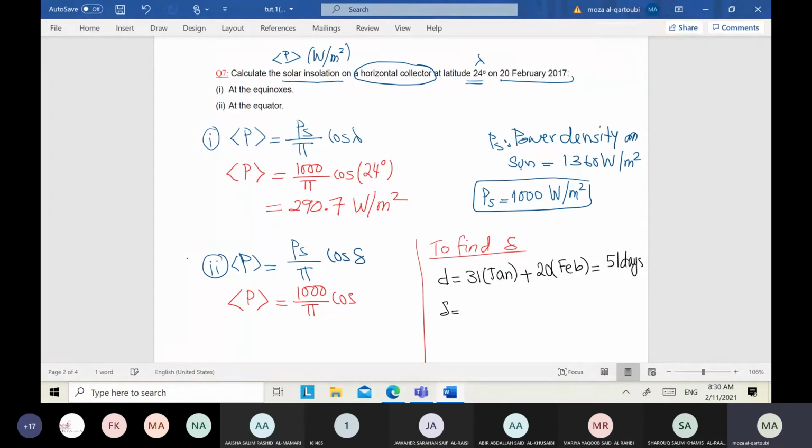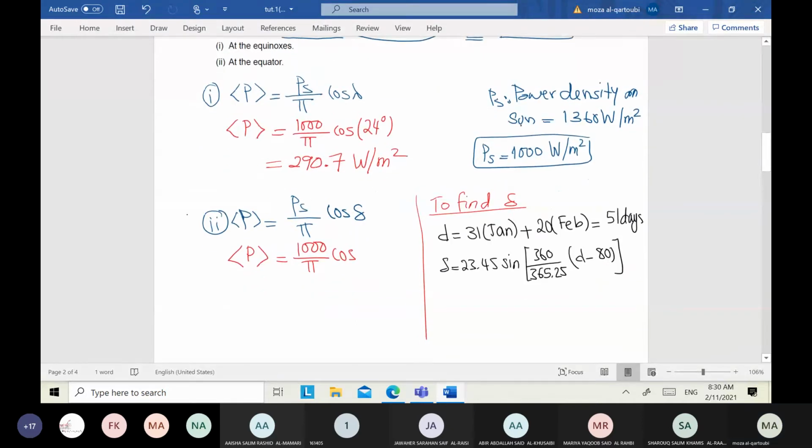Apply the rule: 23.45 times sine of 360 over 365.25 times D minus 80. We know D now equals 51. Substitute in this rule, then find delta. It equals minus 11.2 degrees.